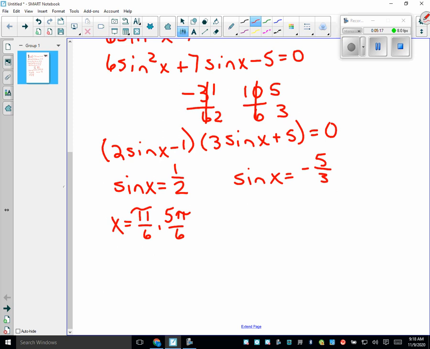Because it's bigger than 1 or negative 1? Well, it's because it's greater than 1, or negative, yeah, it's actually less than negative 1. It is not between negative 1 and 1. How's that? So we throw this one out. So that's my answer.